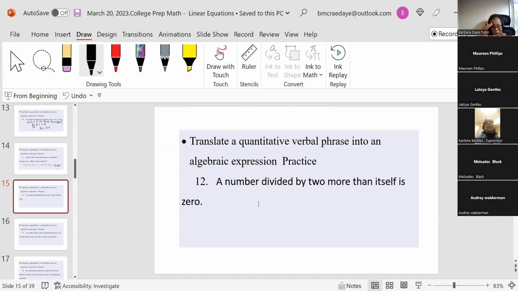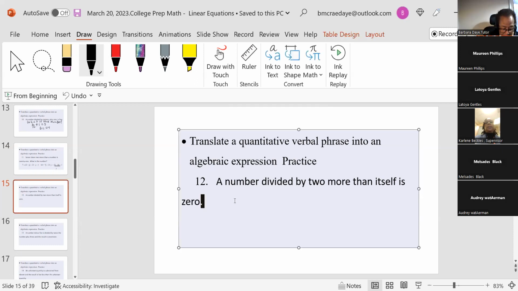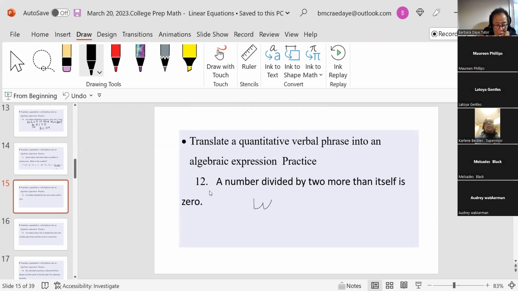What I'm asking you is what is the number? X divided by 2. All I want is to know what is the number.